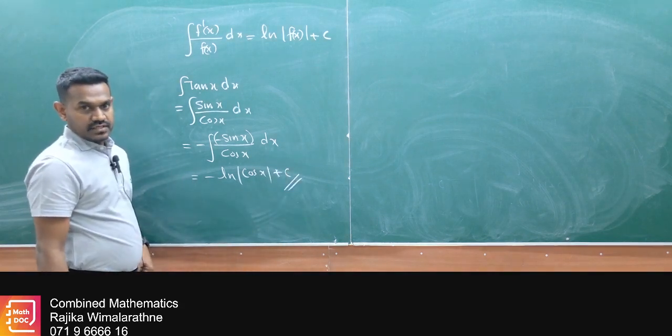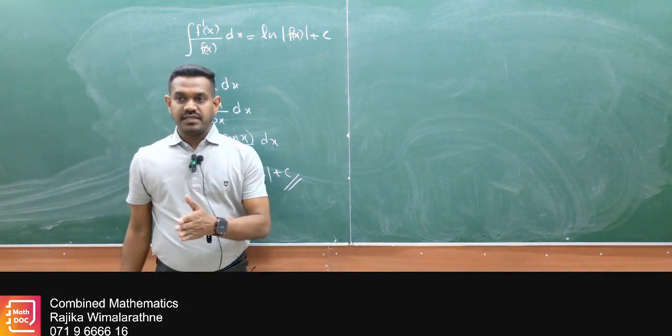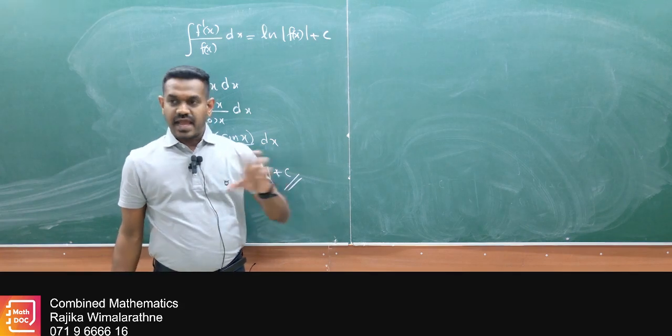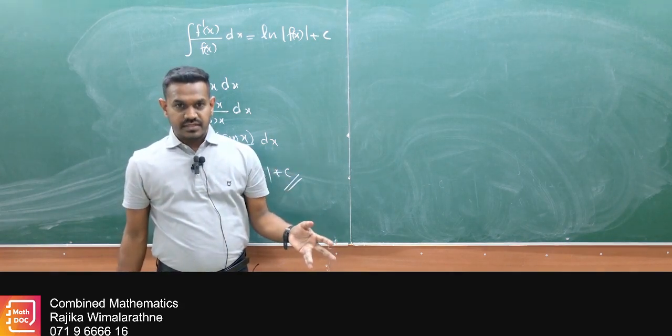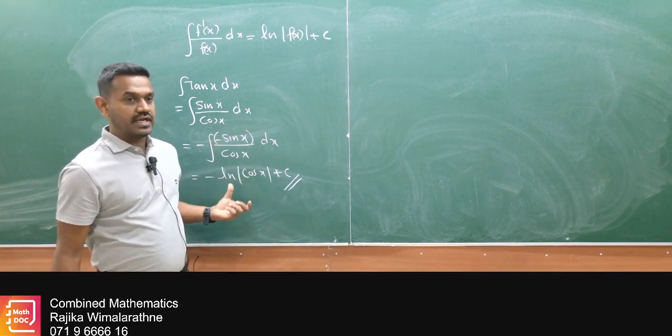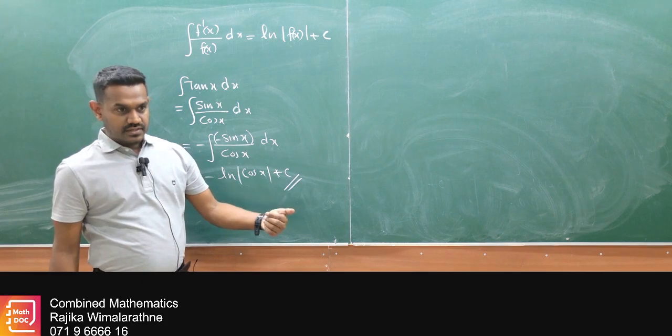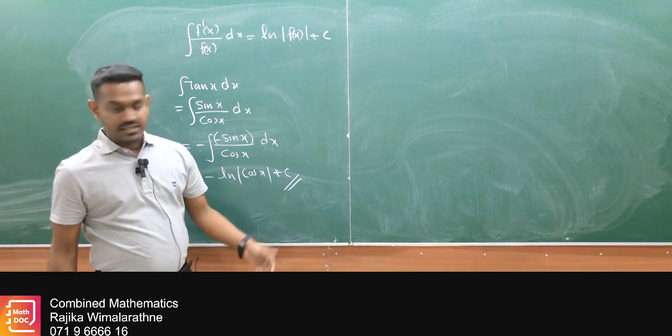Okay. Then there are properties. Usually sin like cos, tan like cot, cosec like sec. If you know how to integrate tan, then with a similar pattern you can integrate cot.